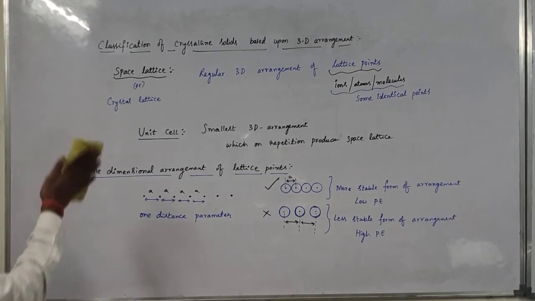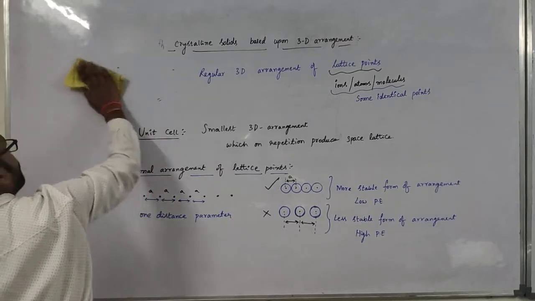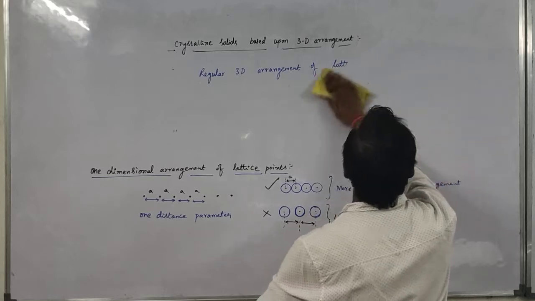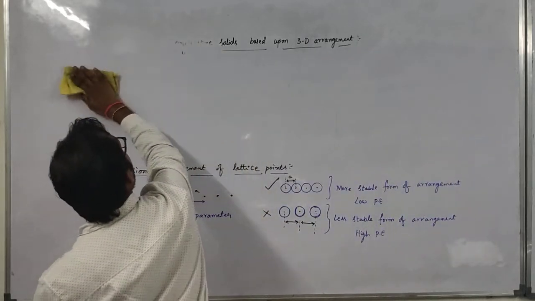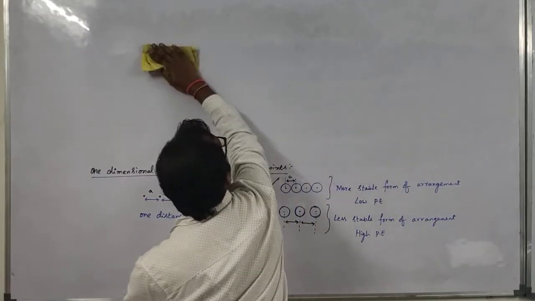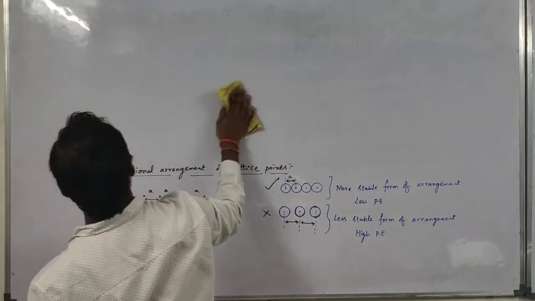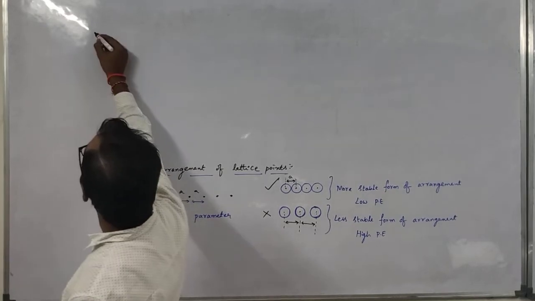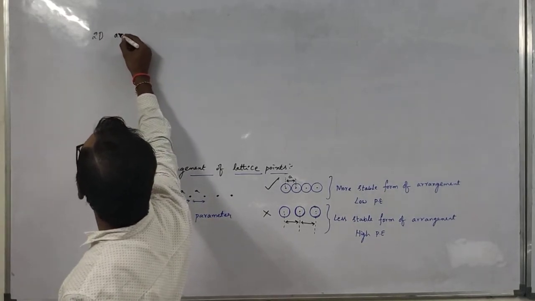Now coming to two-dimensional arrangement of lattice points. Then we will go to three-dimensional arrangement.